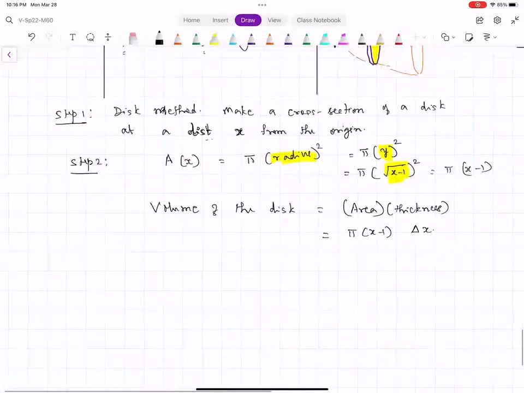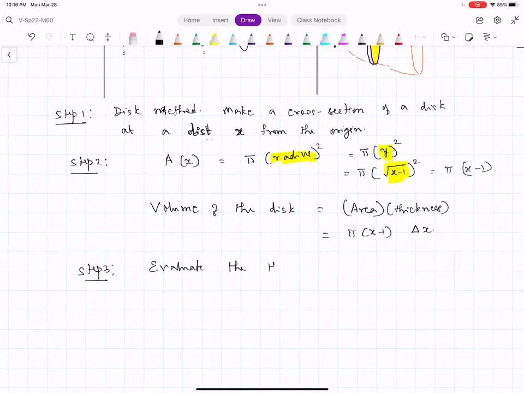In step 3, we are going to evaluate the integral, using integral notation, to find the volume of the solid.